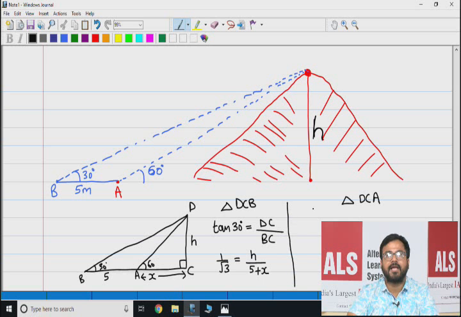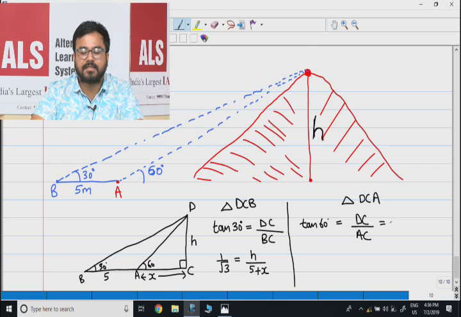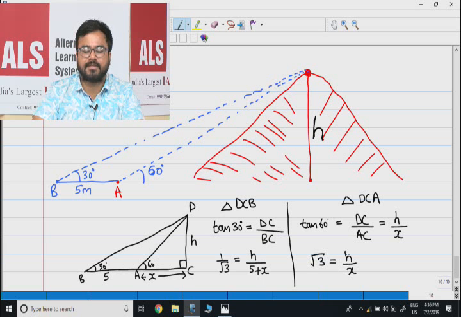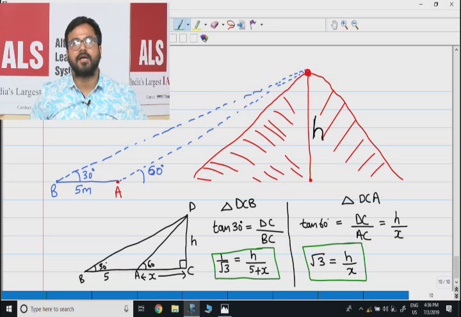Now, in triangle DCA, the angle is 60 degrees, so tan 60 degrees is equal to DC over AC. DC is H and AC is X, and tan 60 is root 3. So root 3 is equal to H upon X. Take the first as equation number 1 in H and X, and this one as equation number 2 in H and X.